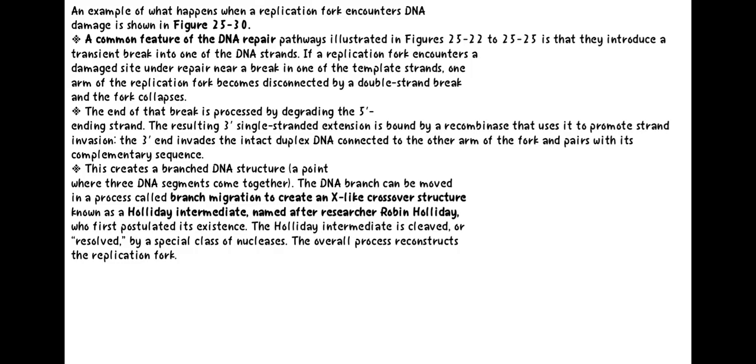This creates a branched DNA structure, a point where three DNA segments come together. The DNA branch can be moved in a process called branch migration to create an X-like crossover structure known as a Holliday intermediate, named after researcher Robin Holliday, who first postulated its existence. The Holliday intermediate is cleaved, or resolved, by a special class of nuclease. The overall process reconstructs the replication fork.